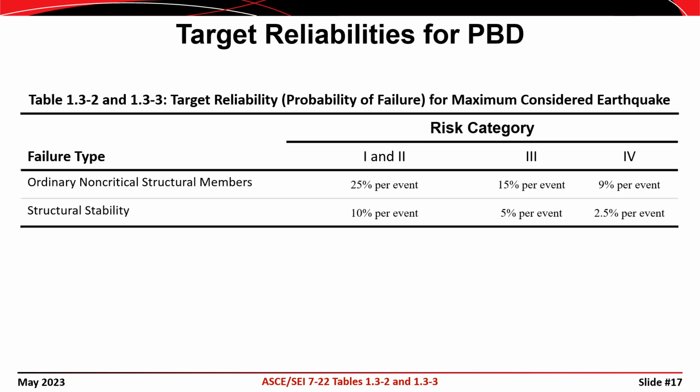So if you look at the different categories of buildings, for a risk category 1 and 2 building, for a non-critical member, we're looking at a 25% chance of failure per event. If we look at a risk category 4 building, for instance, we're looking at a chance of failure or collapse of the building of 2.5% per maximum considered earthquake. So these are a lot higher, but they're still relatively small.